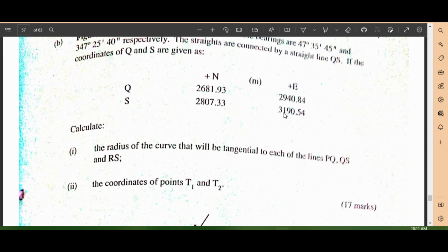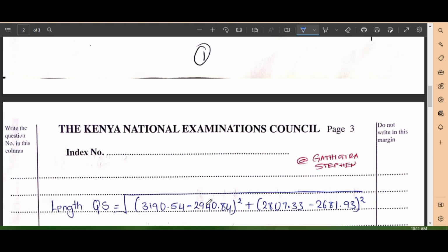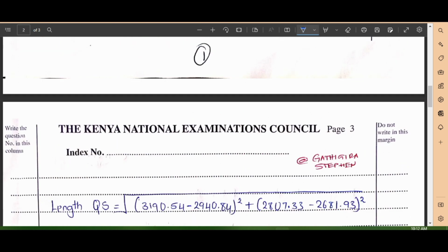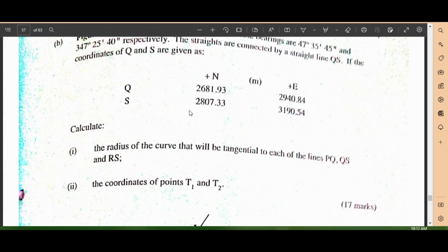So this is 3190.54 minus 2900. Here we have it, and then my answer, I find the square root of that, plus the coordinates for the northing.